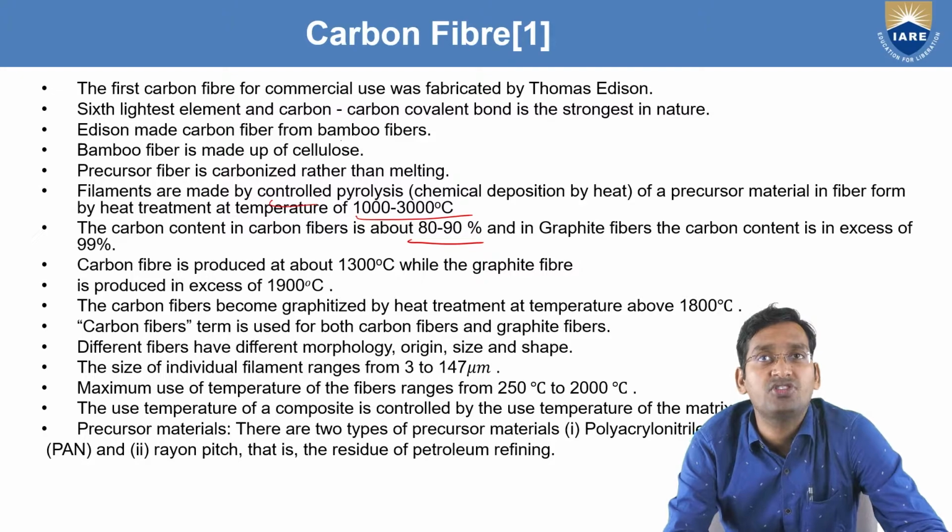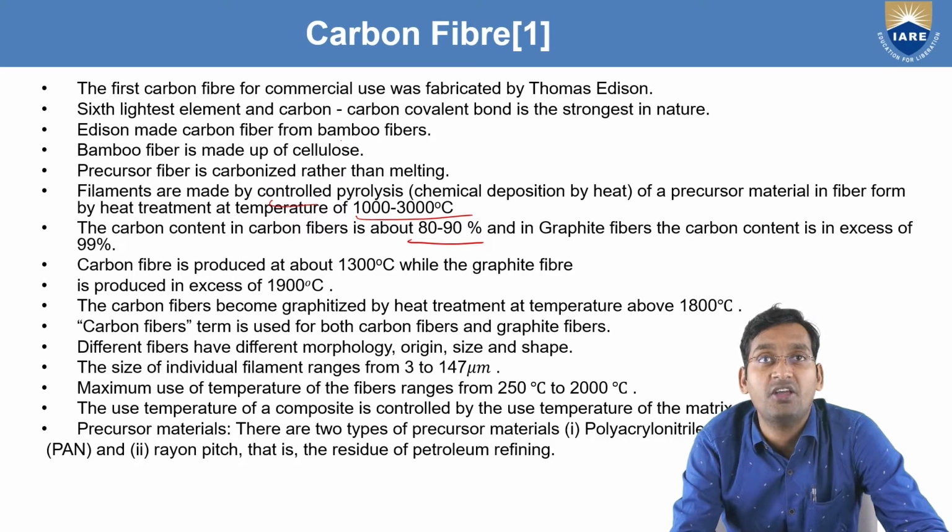Carbon fiber is produced at about 1300 degrees Celsius, while the graphite fiber is produced in excess of 1900 degrees Celsius. So graphite fiber is produced at 1900, and carbon fiber is produced at 1300 degrees Celsius.